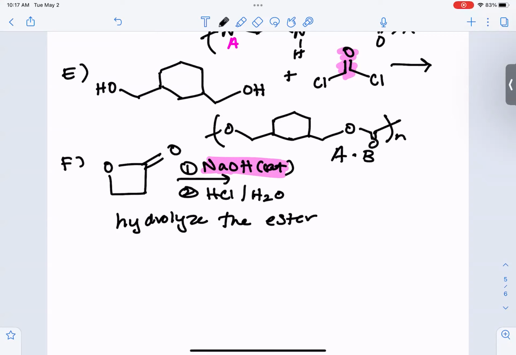When you hydrolyze an ester, on one end we are going to have an OH, and on the other end you're going to have a carboxylate. So here's my A and here's my B.